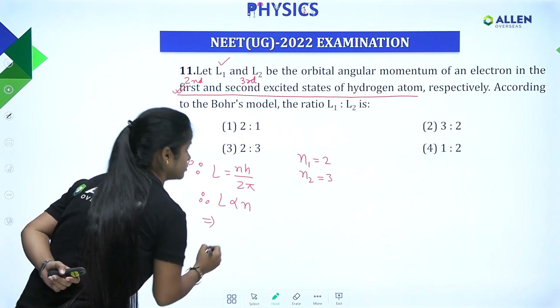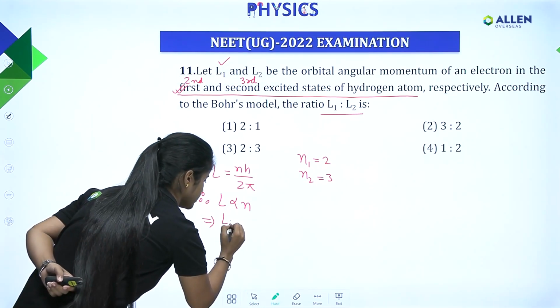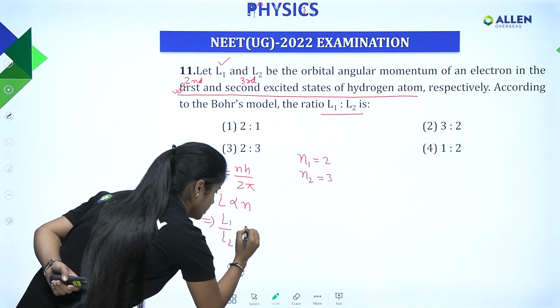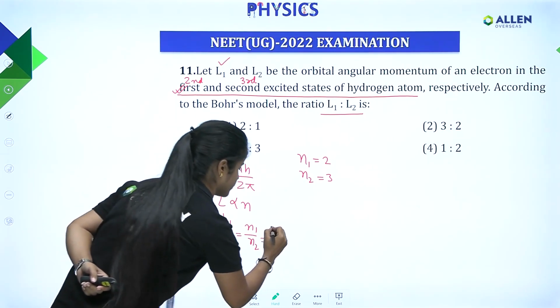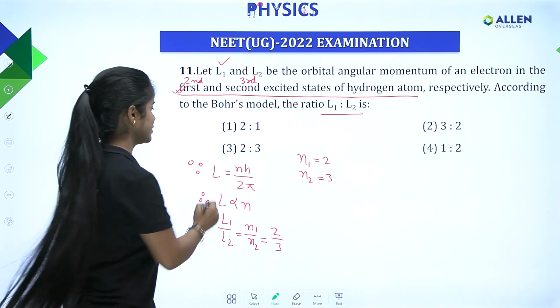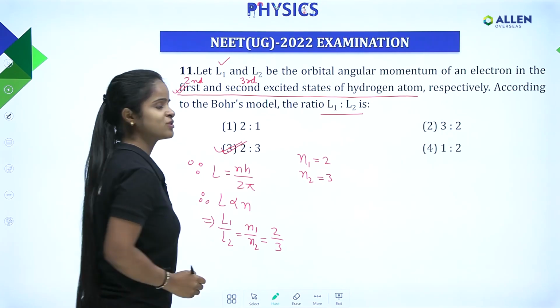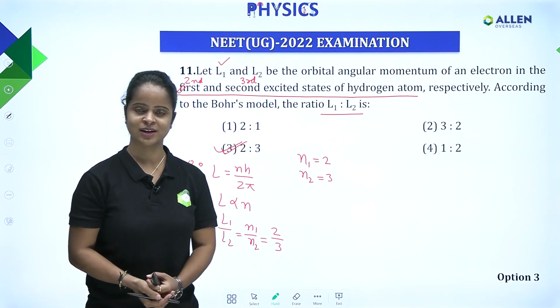Therefore, your aim is to calculate the value of L1 is to L2. So L1 by L2 equal n1 by n2, that will be equal to 2 by 3. And the same thing you can see here in option number 3. So option number 3 will be the correct option, and the same thing is written there, that is option number 3 is the correct option.